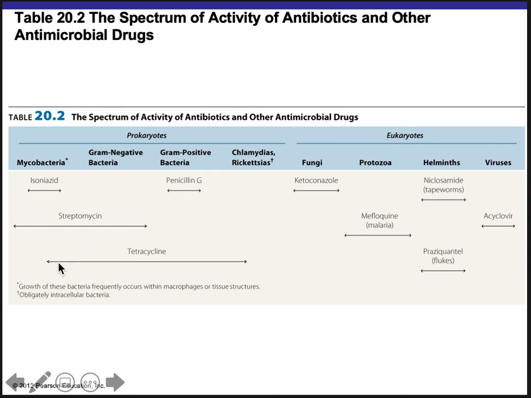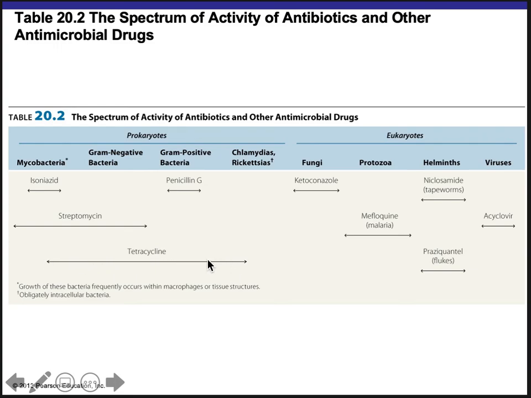So in actuality, the specific tetracycline that you give is usually a narrow spectrum. It'll be really good at targeting something along the line that you see here. So you won't necessarily see this entire width for every single tetracycline drug, but somewhere along this line.